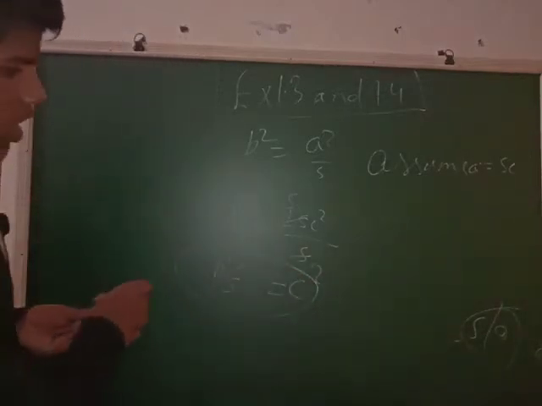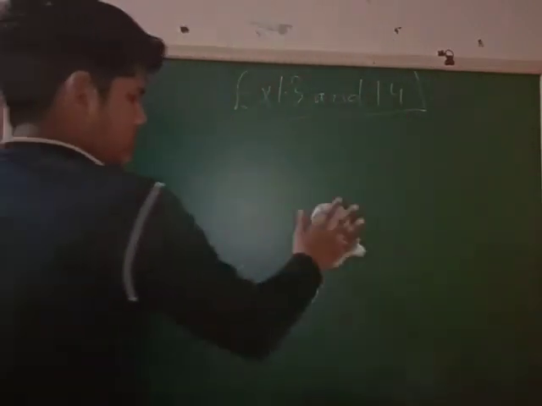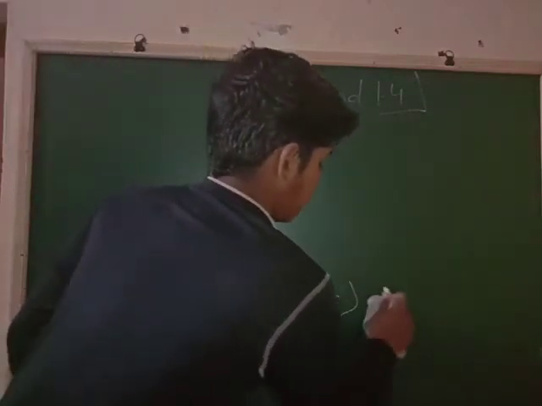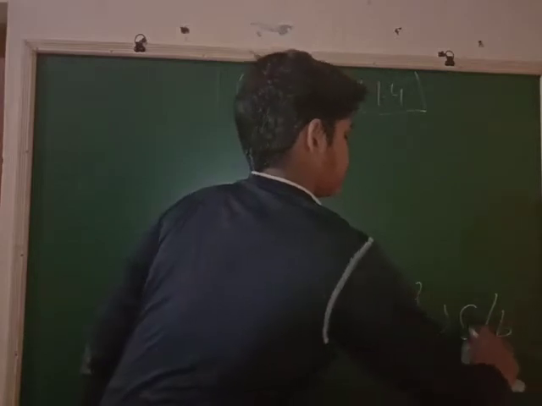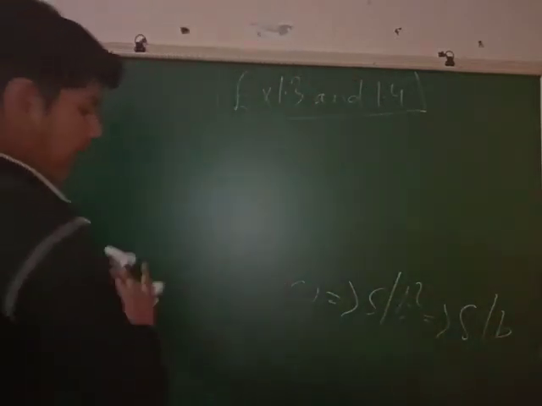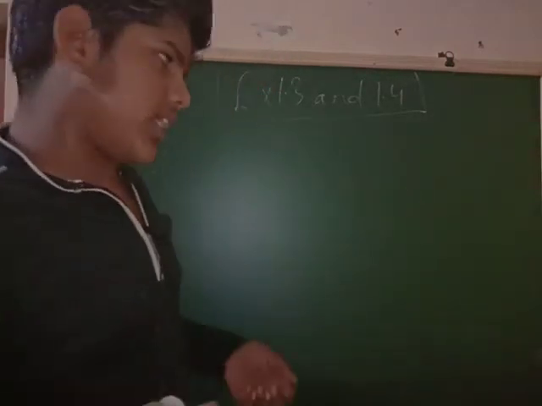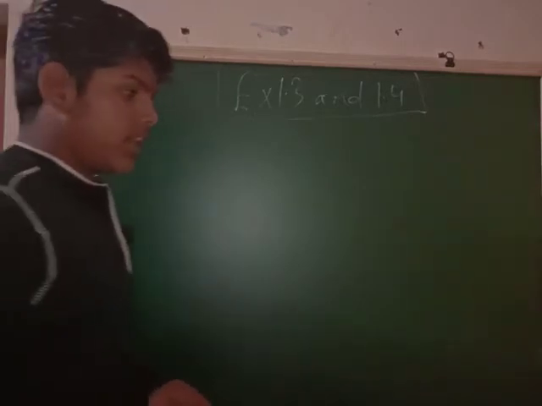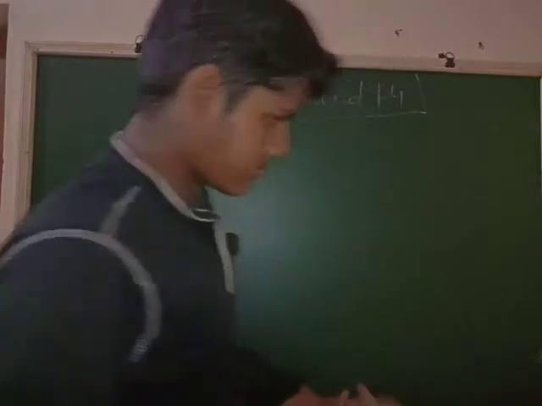Now you can write it as 5 divides b square. Similarly, 5 divides b. As you know, when a number gets divided by another number, then both numbers are its factor, its multiple, or its divisor, or the same number.